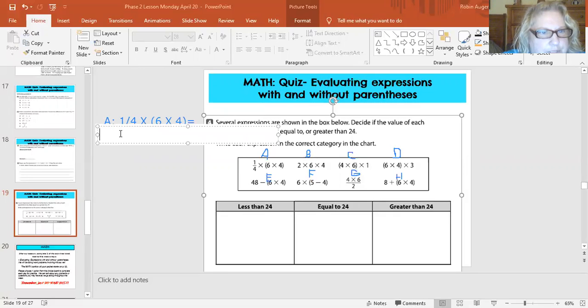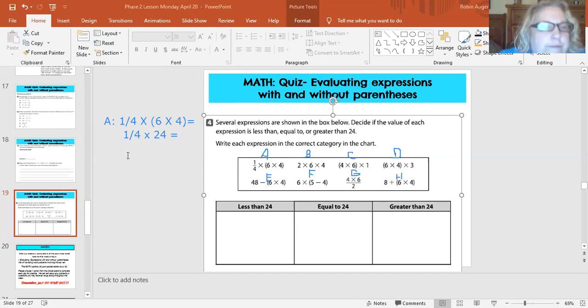So we're going to do our parentheses first. Well, hold on. We're going to drop down what we didn't use, 1/4 times 24. Okay, so that's what we have right now.